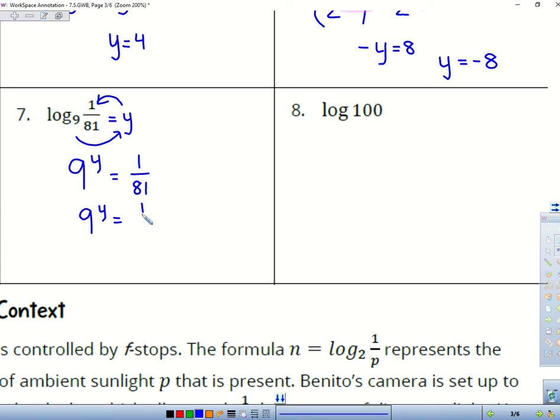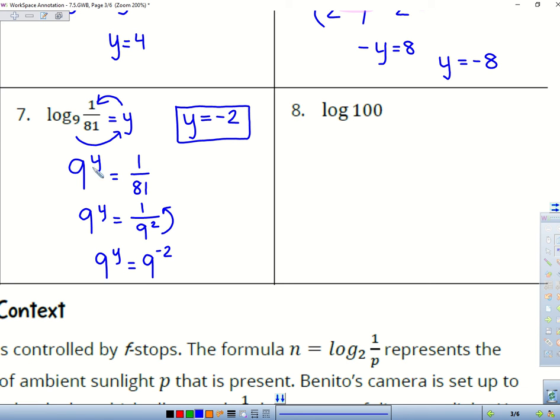Isn't 1 over 81 the same thing as 1 over 9 to the 2nd power? And how can I bring a number up to the numerator? I can do what to the exponent? Make it negative. So then I just set my exponents equal to each other and I get y equals -2.